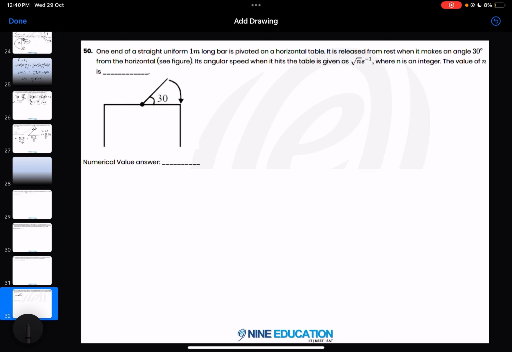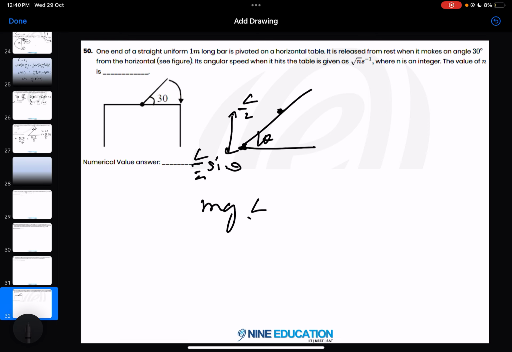Now we'll conserve energy to find the angular speed. Right, this is theta, this is L by 2, so this height is L by 2 sine theta. So what is the potential energy it lost? m g h, where h is L by 2 sine theta, which is nothing but the energy gained.